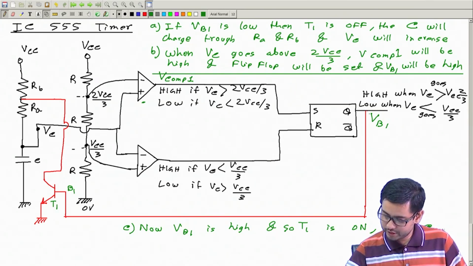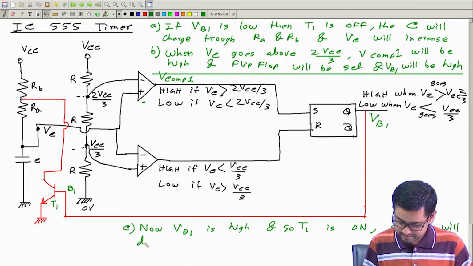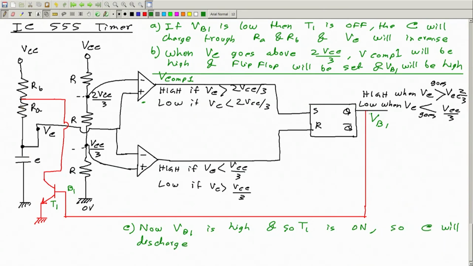So C will discharge through RA only. RB will not be there. The current will directly go to ground through RA, and so Vc will decrease.